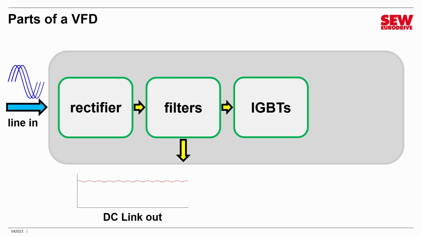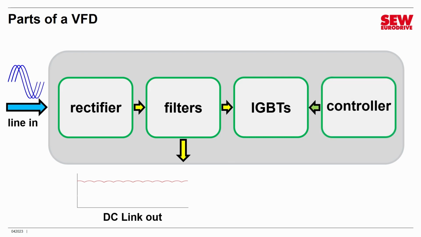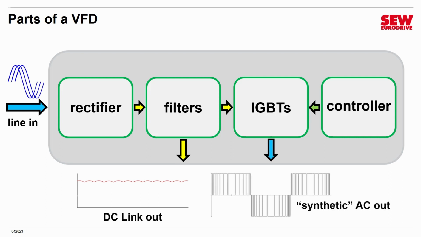They're connected to that high voltage DC. The other side's connected to the motor. And the IGBTs are controlled by a little microcontroller inside the VFD that basically is pulsing those switches on and off somewhere between 4,000 and 16,000 times per second. And as it turns them on and off, this is what comes out.